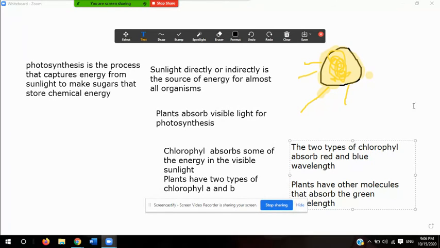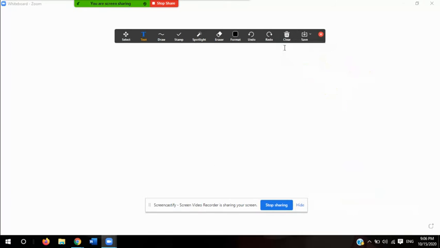So chlorophyll has chlorophyll A and chlorophyll B. They absorb red and blue, and then there are other molecules that absorb the green wavelength, right? The green color of plants comes from the reflection of light's green wavelength. A plant's green color, and that's a very interesting fact.